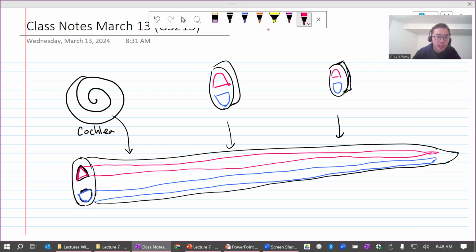Okay. So over here, this is where the oval window is. Oval window. And then down here, that's where your round window is.